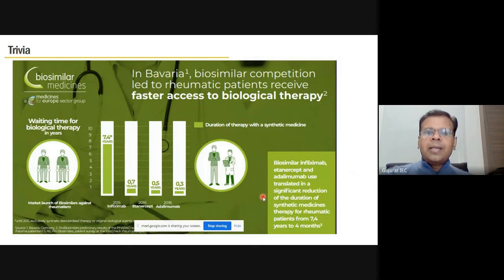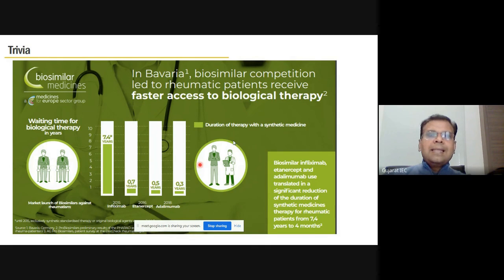Just to share an idea, previously rheumatic patients used to receive drugs with a waiting time of nearly 7.4 to 7.5 years, and that decreased to 0.7 years, 0.5 years, and 0.3 years respectively, with the addition of Infliximab, Etanercept, and Adalimumab into the market.